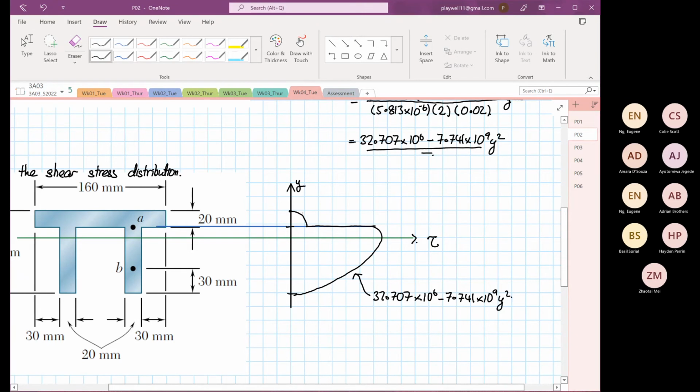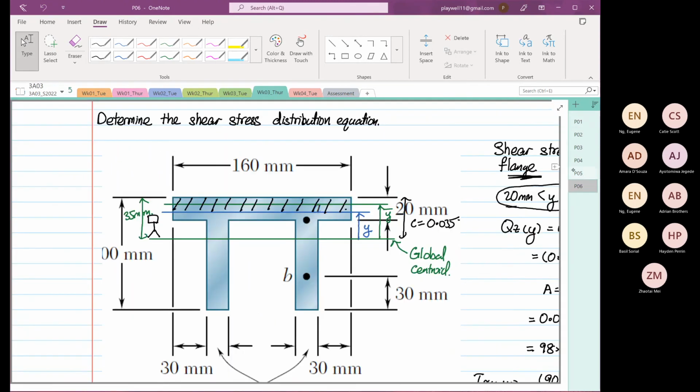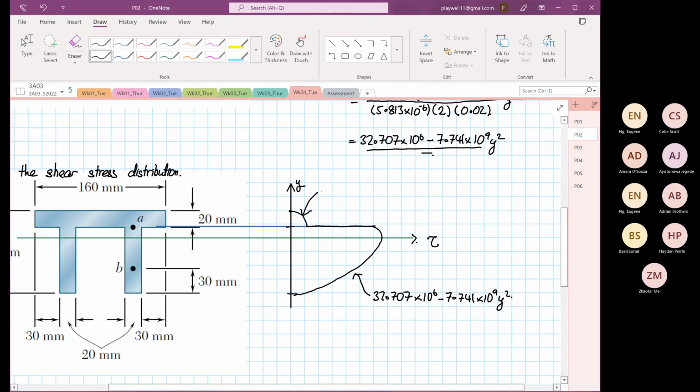Okay. And the other function over here, the smaller step, so-called step, is this function that we derived last week, which is equal to 9.483 times 10 to the power 6 minus 7.741 times 10 to the power 9 y squared.